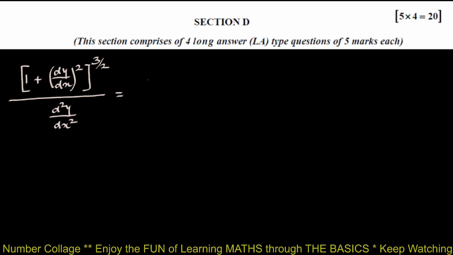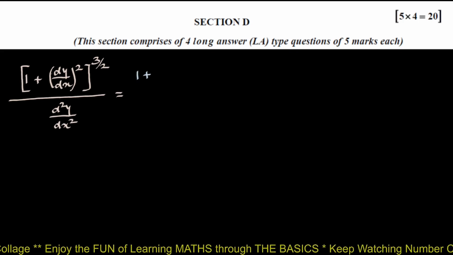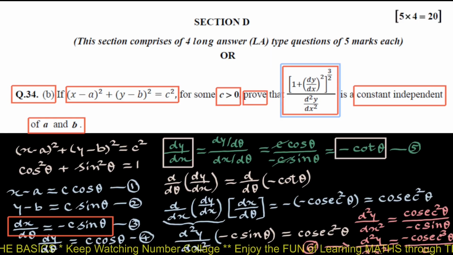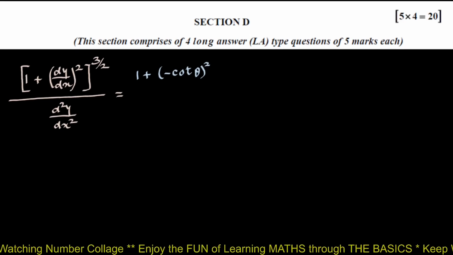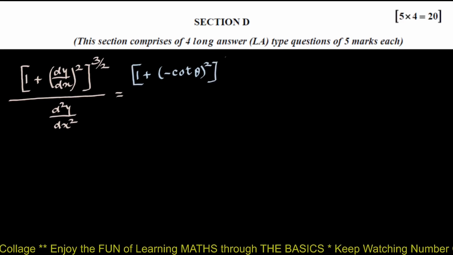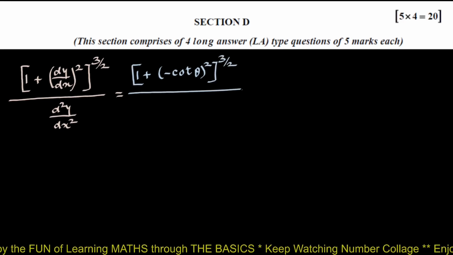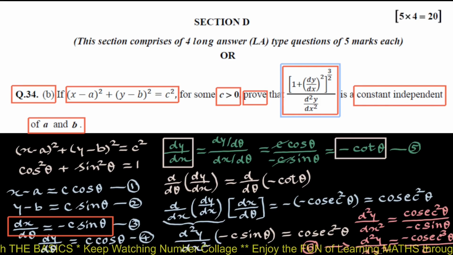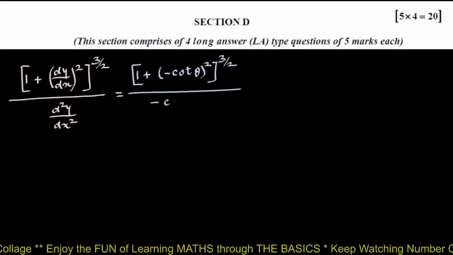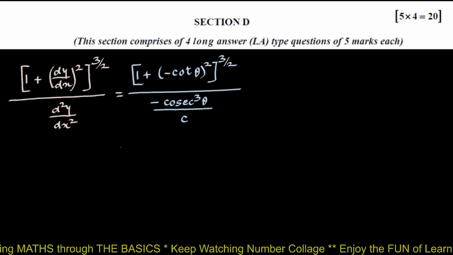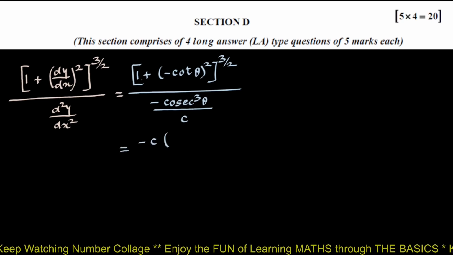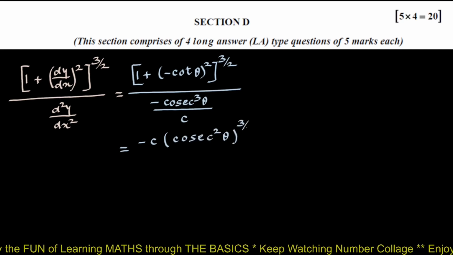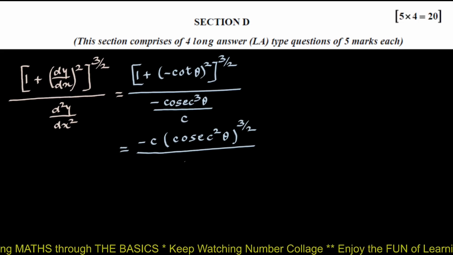Now we will substitute the values. 1 plus, we have dy/dx equals minus cot theta according to expression 5, square of it, and whole raised to power 3/2 upon, we have d2y/dx square from expression 6, minus cosec cube theta upon c. This will be minus c into [1 plus cot square theta, which is cosec square theta] raised to the power 3/2 upon cosec cube theta.